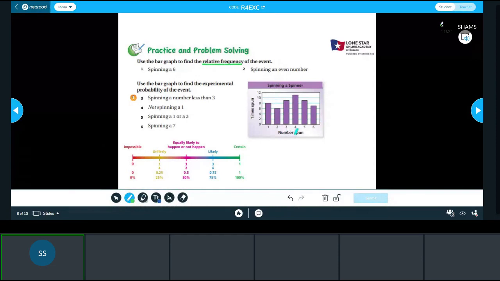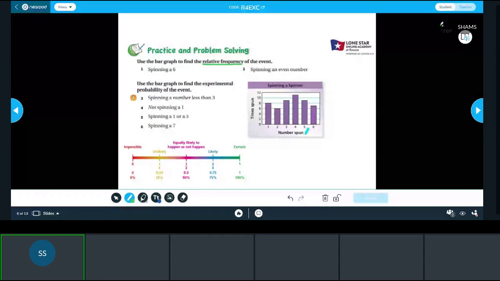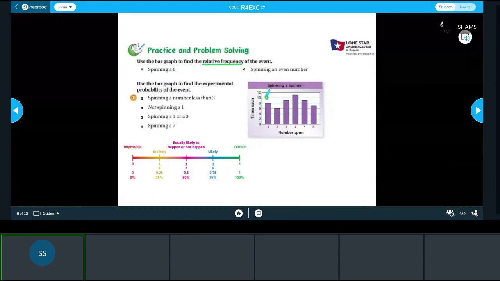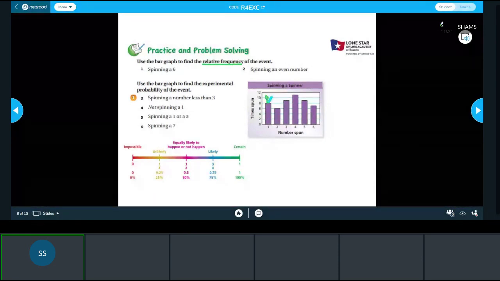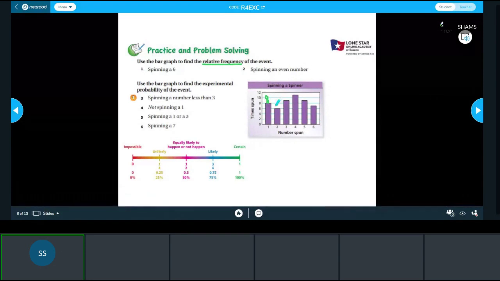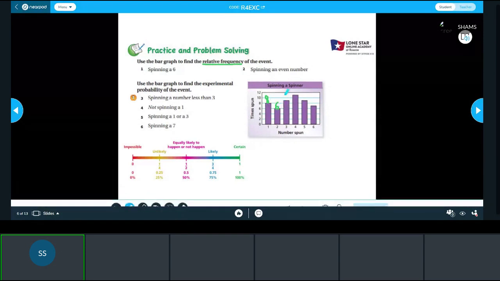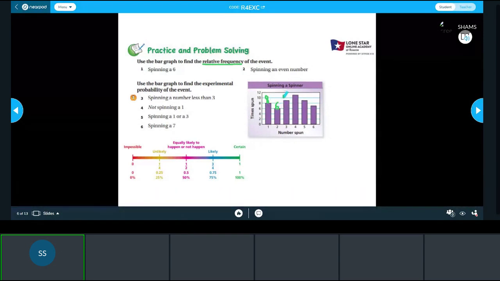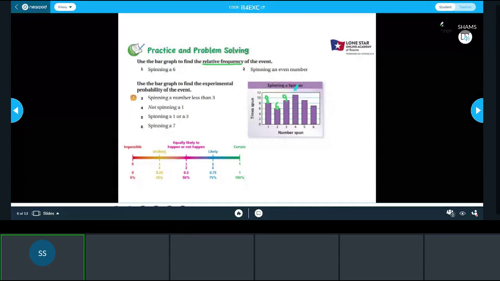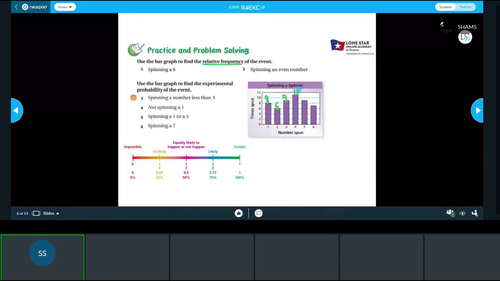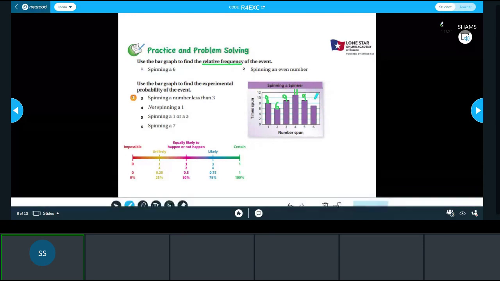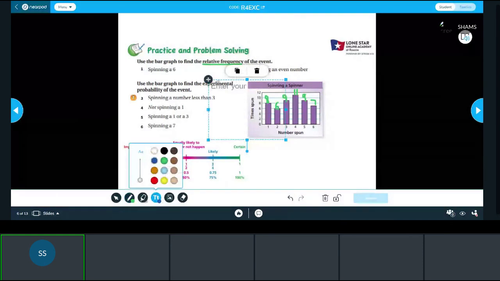Let's find the total number of spins. 1 was spun 8 times, 2 was spun 6 times, 3 was spun 9 times, 4 was spun 11 times, 5 was spun 9 times, and 6 was spun 7 times.